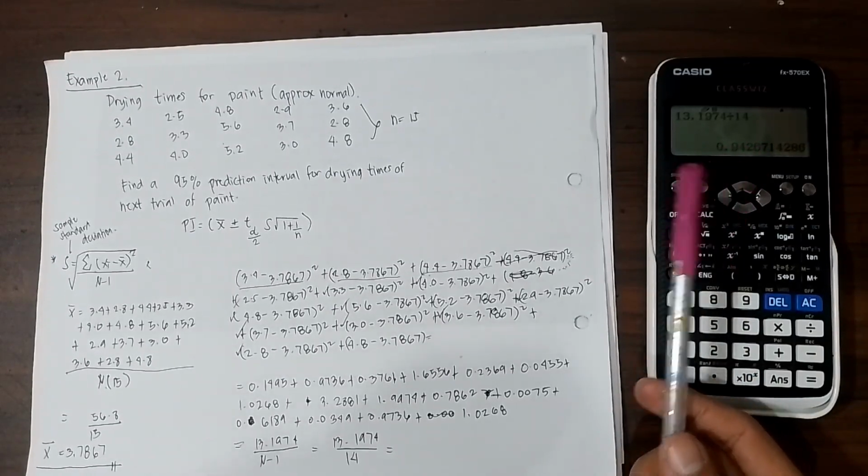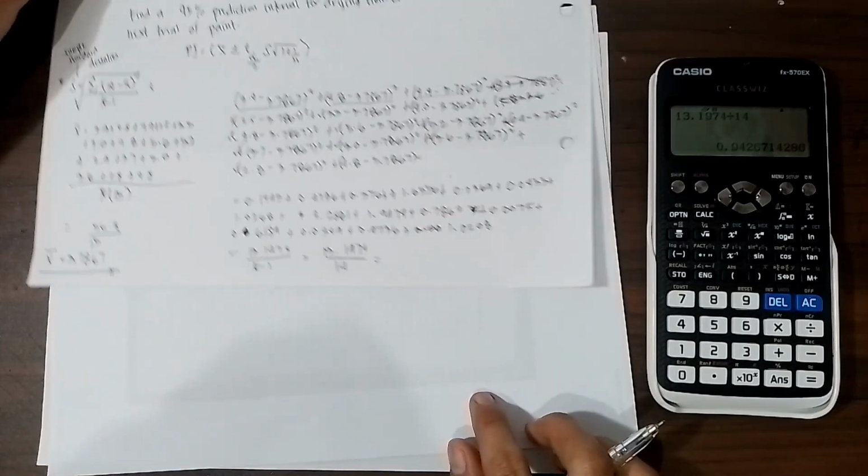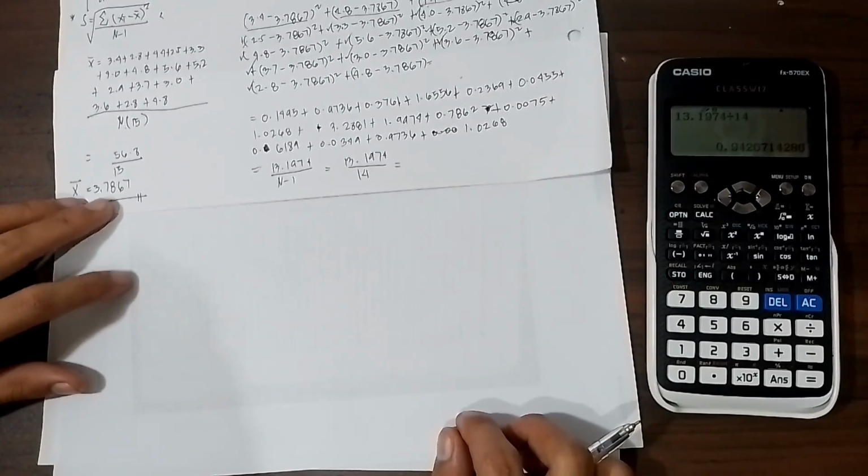Before that, I'm going to put this on another sheet of paper, or bond paper, for clarification. So I'm going to write back the formula of the sample standard deviation.